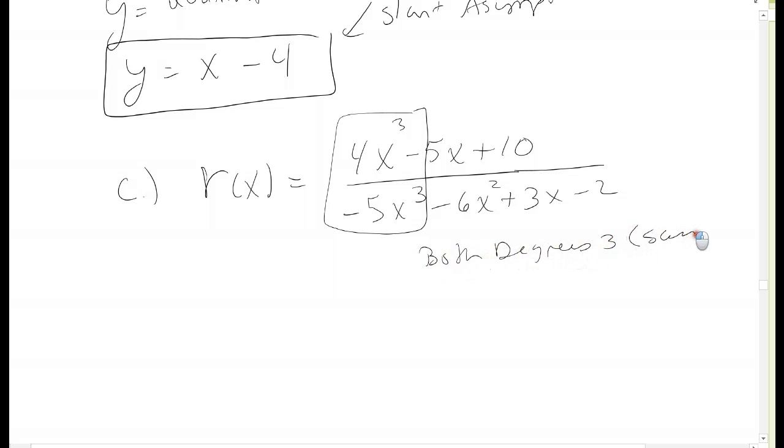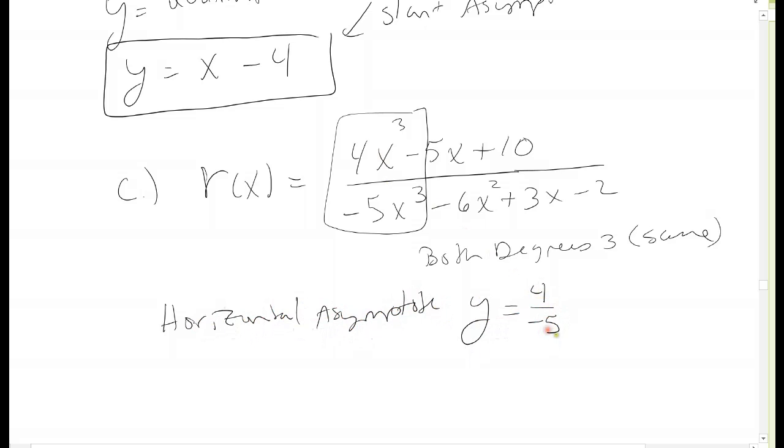So they're the same. And so in this case, it's the third outcome. I would have a horizontal asymptote. It's the line y equals the ratio of my leading coefficients. Well, my leading coefficients are 4 and -5.